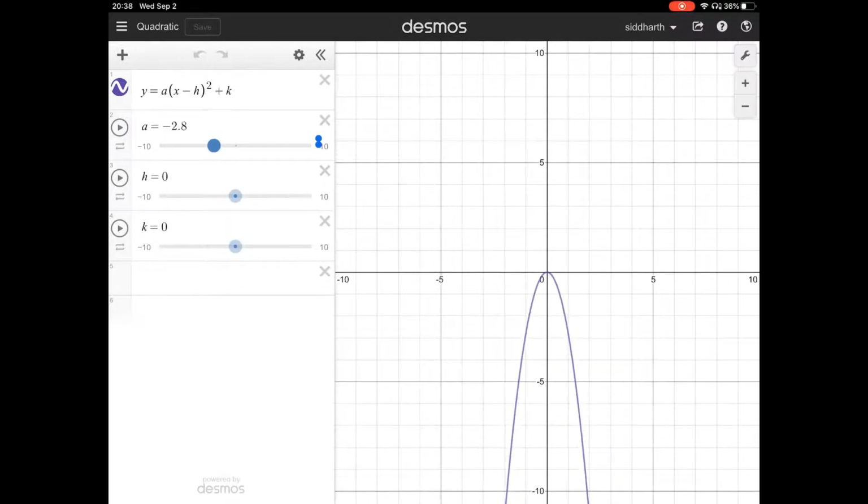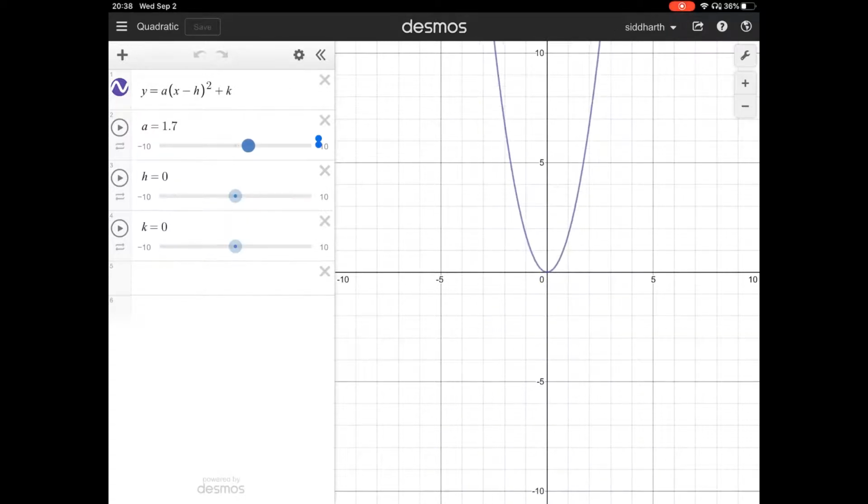Notice that over here, the graph is concave downwards, and when a is positive, the graph is concave upwards. Now, based on this, we can conclude that a is responsible for controlling the width of the parabola and the direction the parabola opens.